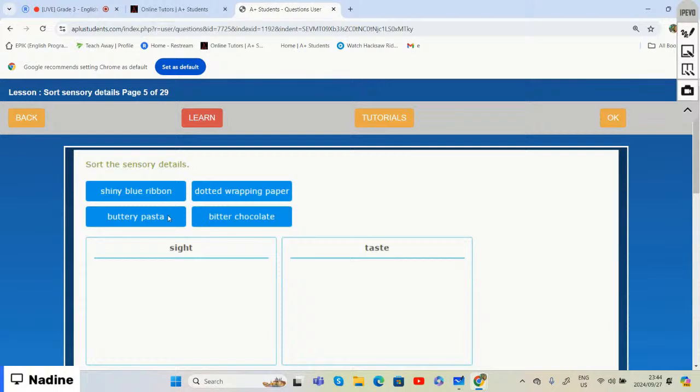It says sort out the sensory details. We have things that we can see and things that you can taste.